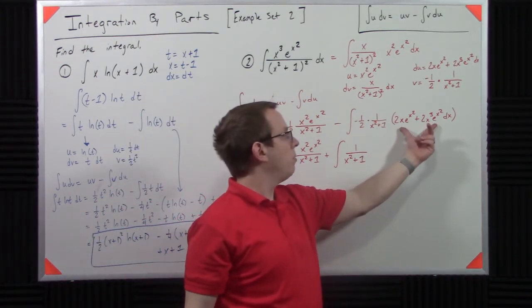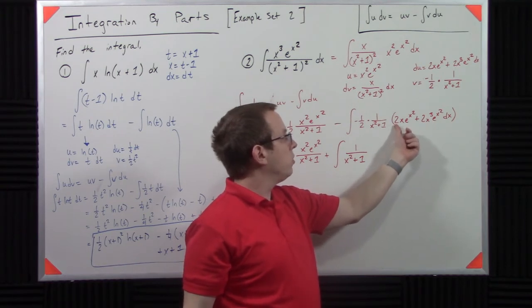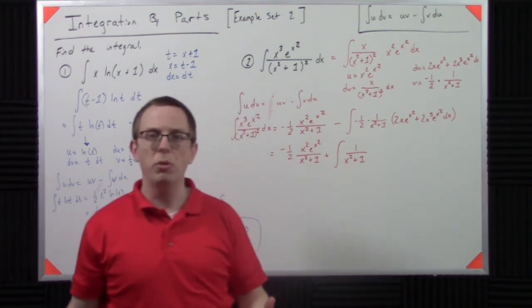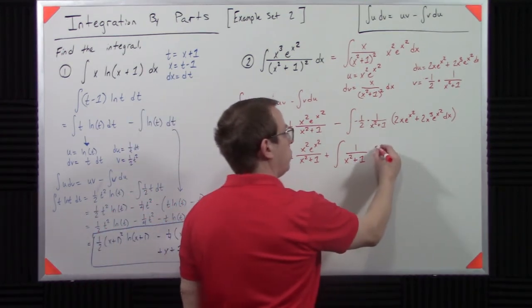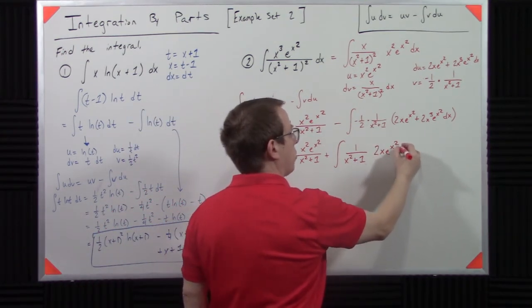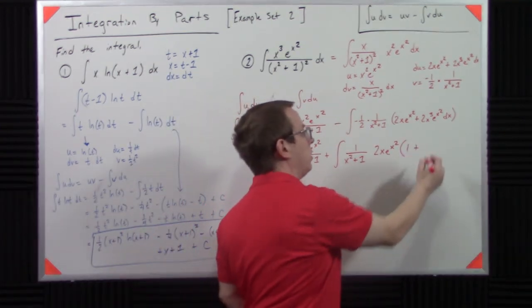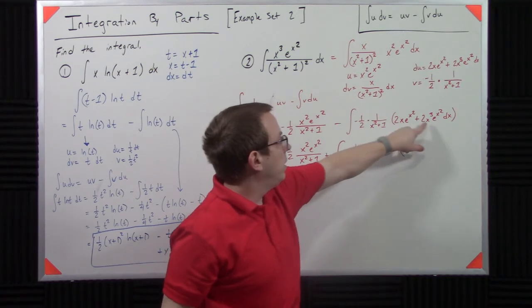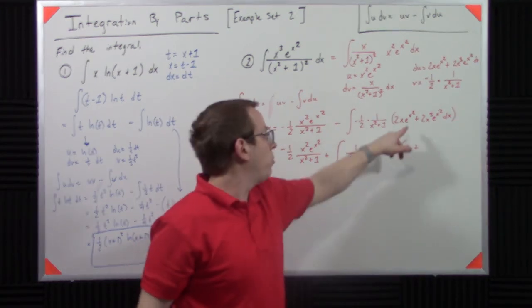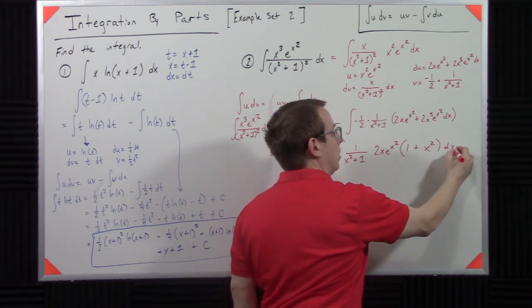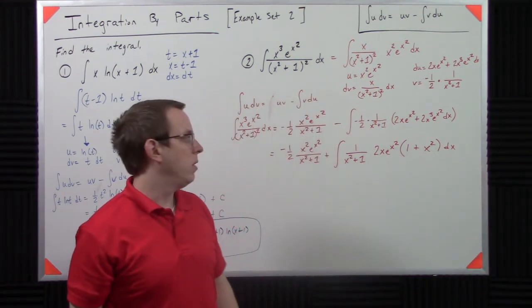So what's common to each of these? I can factor a 2, an x, and an e to the x squared. That's common to both of those. So I get 2x e to the x squared. And what's left over? Well, 1 here, because it was everything. And then this was an x cubed. So if I pull this out, what's left over is 1 plus x squared dx.